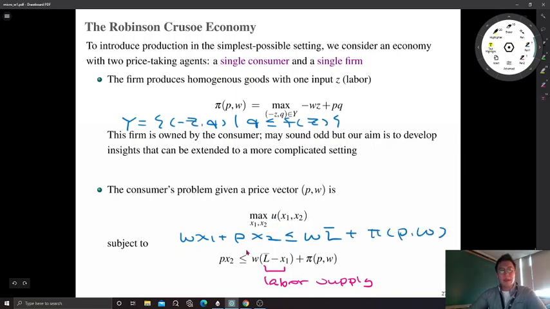And we can think of this w, wage per hour, as the price of leisure, because w can be thought of as the opportunity cost of leisure. If he idles away for 1 hour, then he will lose the chance to make as much money as w. So this expression also makes sense. Anyway, this is a consumer's problem. So now we have to solve these two at the same time.